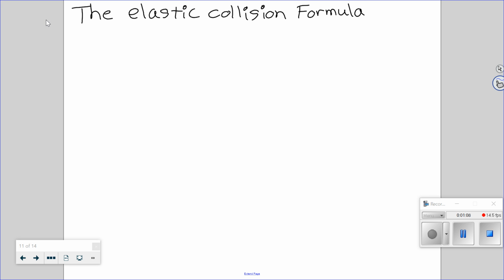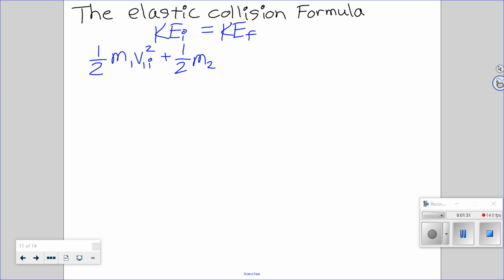But that means, okay, kinetic energy. So I have to have my total initial kinetic energy equal to the total final kinetic energy. So if I have two carts, two things, they can be M1 and M2, and I'm going to end up with just V1 and V2. So I have 1 half M1 V1 initial squared, plus 1 half M2 V2 initial squared equals, oh my word.